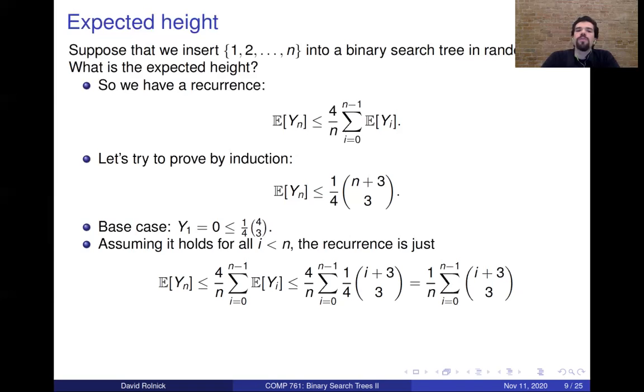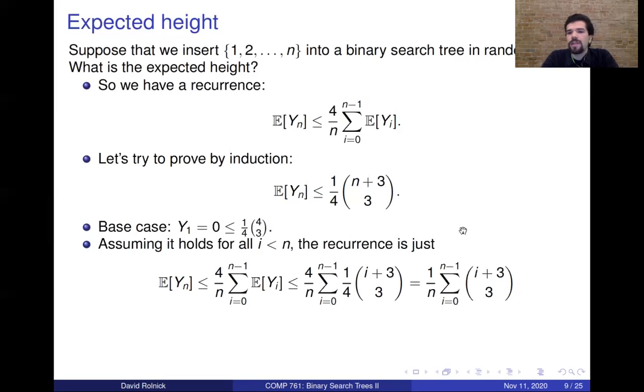Why do we need to assume that it holds for all i less than n? The reason is because we'd like to plug it in for not just n minus 1. We'd like to plug it in for all of these. We'd like to plug it in for y1, y2, y3, and so on.